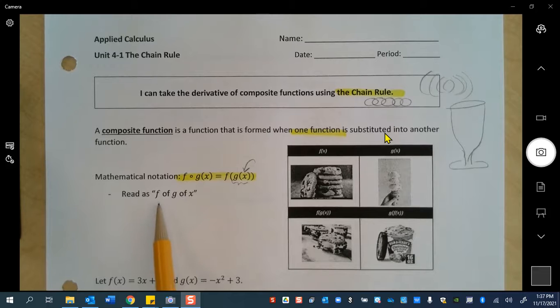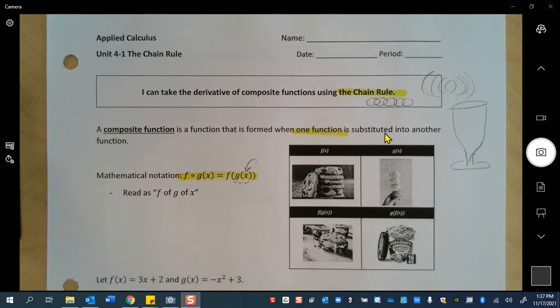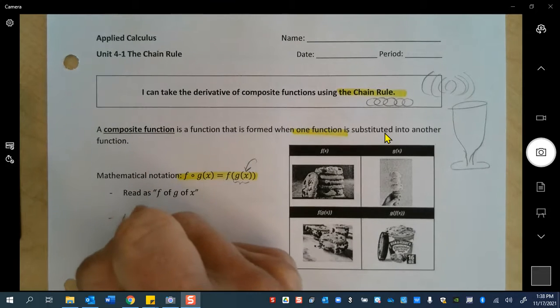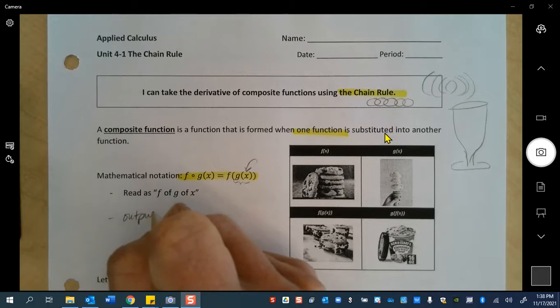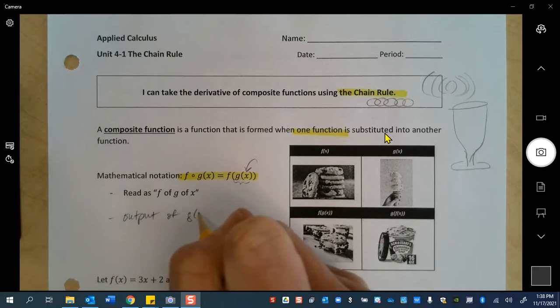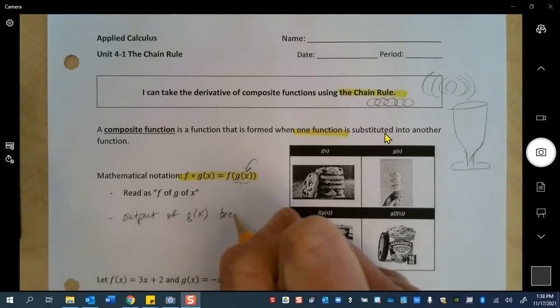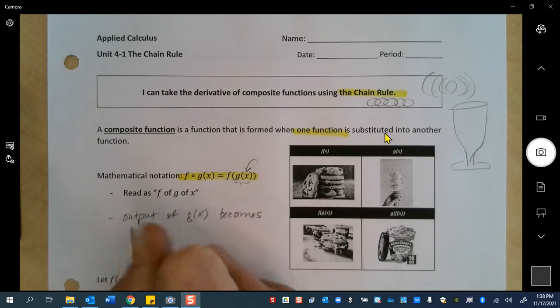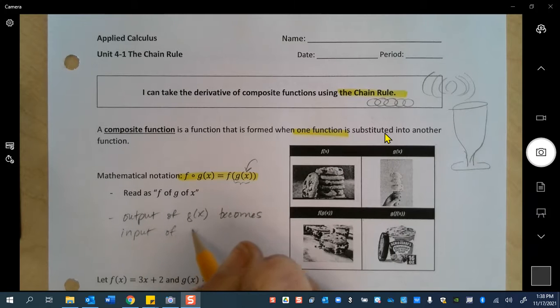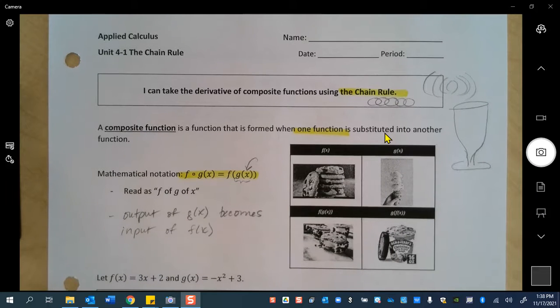So when we have f of g of x, I can't figure out what f is until I figure out what g is. The output of g becomes the input to f. So let's make sure we understand that the output of g of x becomes the input of f of x.